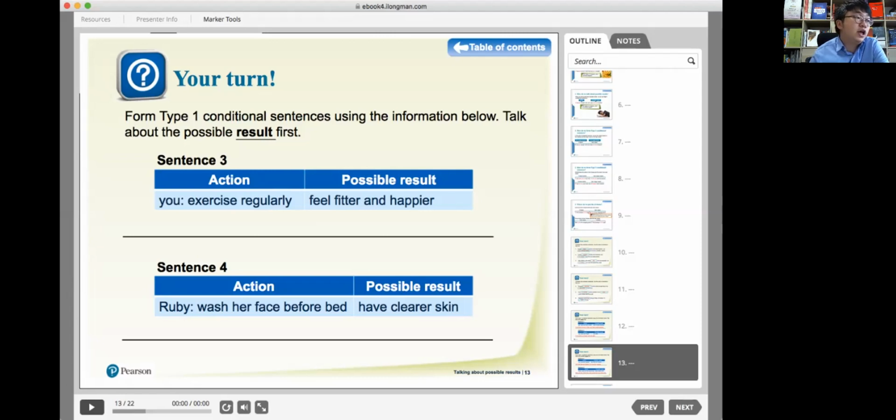So here is the if, you'll feel fitter and happier if you exercise regularly. Future tense first, and then present tense. Similarly, Ruby will have clearer skin if she washes her face before bed.